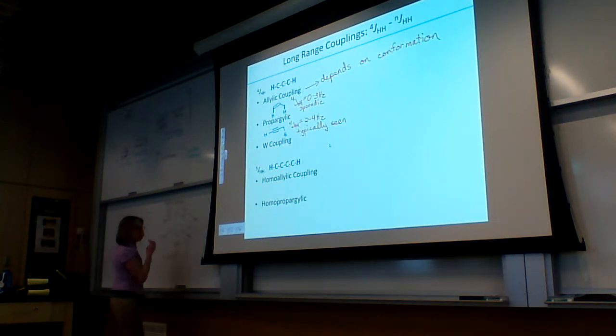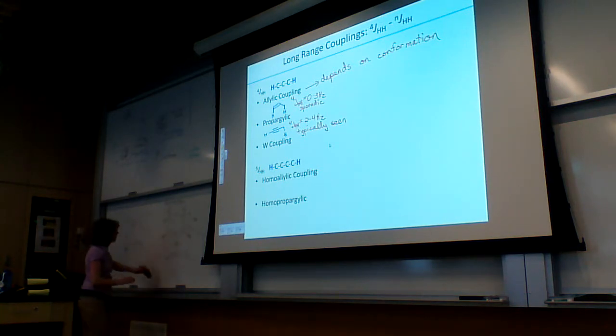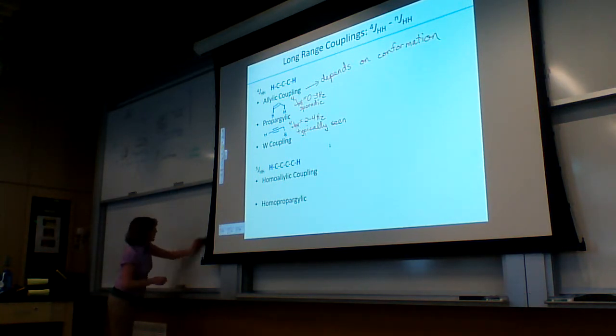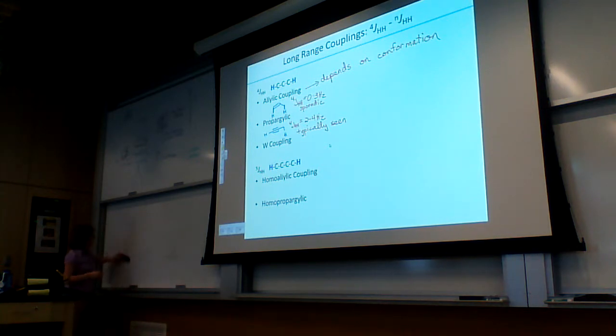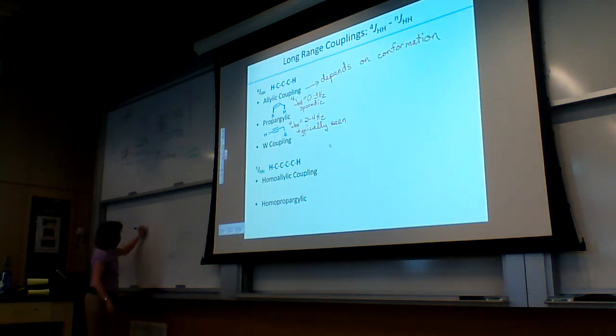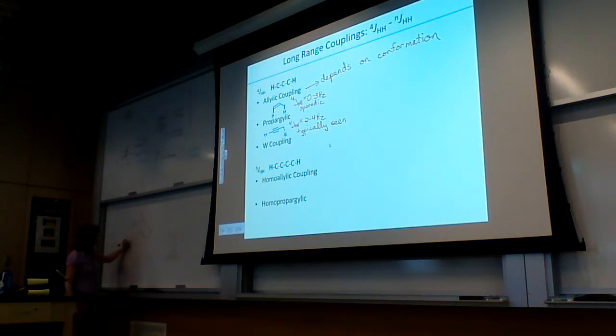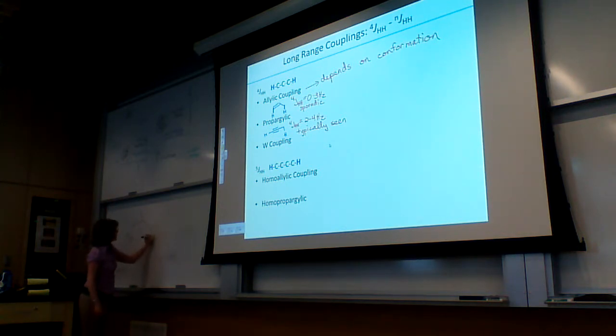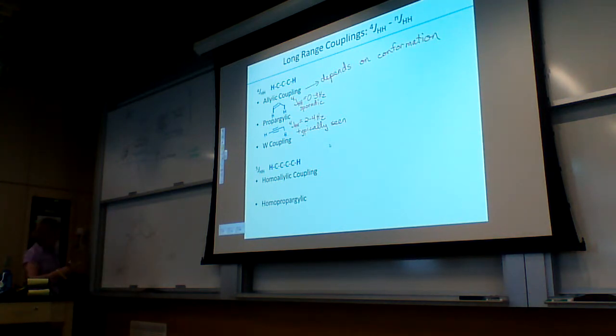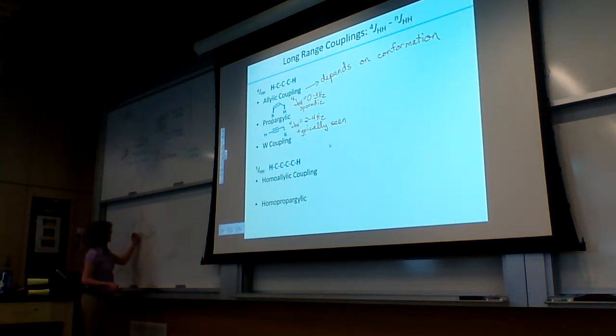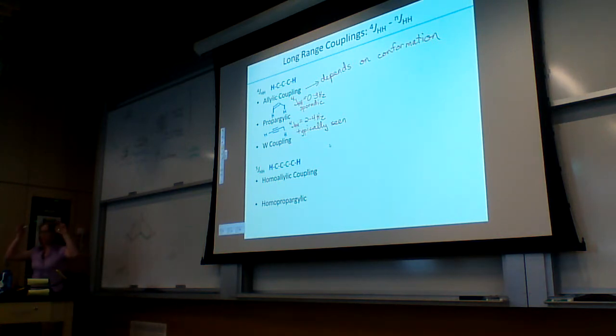In a W coupling, you have 2 hydrogens with the bonds in between them forming what looks like a W. This happens really often when a bicyclic structure like so, where you have a hydrogen going out here and a hydrogen coming out here. And this is the W that we're looking at.